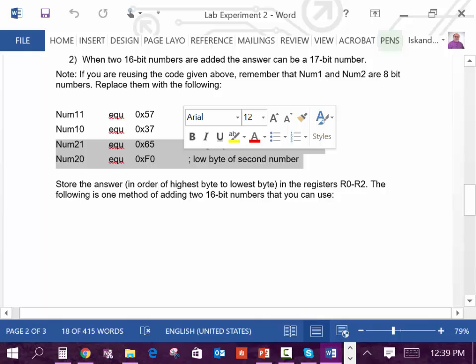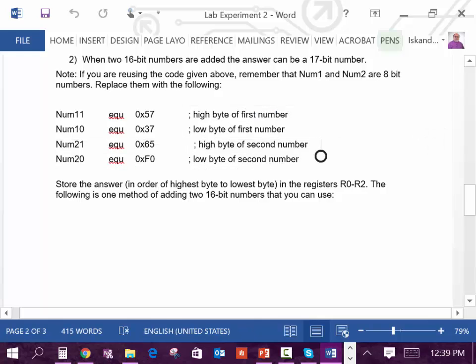We've got an 8-bit processor, so we can only add 8 bits at a time. But when we do the addition, we may have a carry out, so we have to keep that in mind. With the carry out, we can have up to a 17-bit answer.